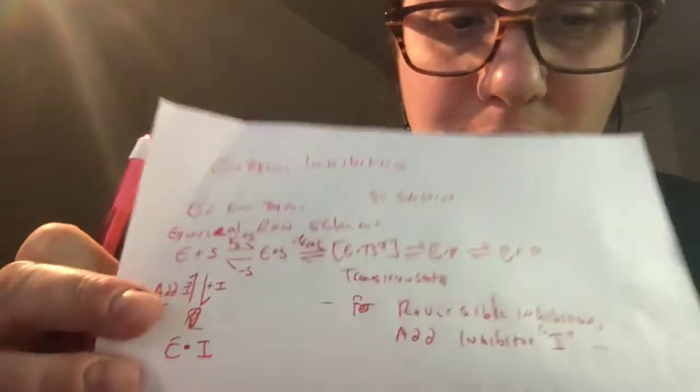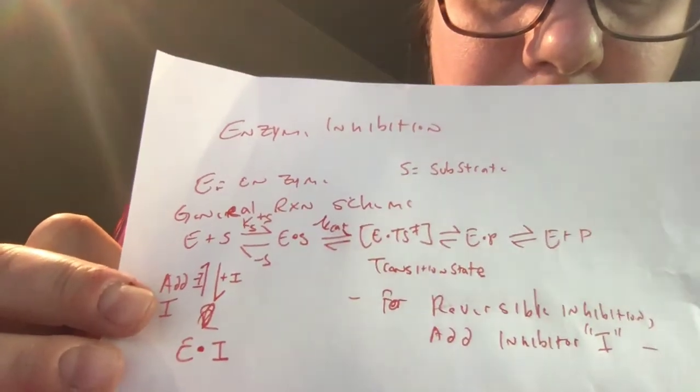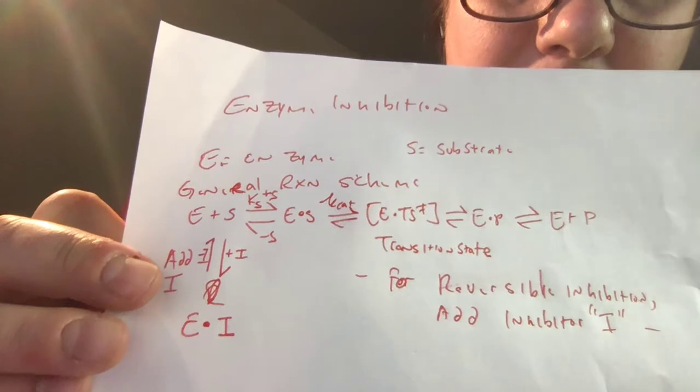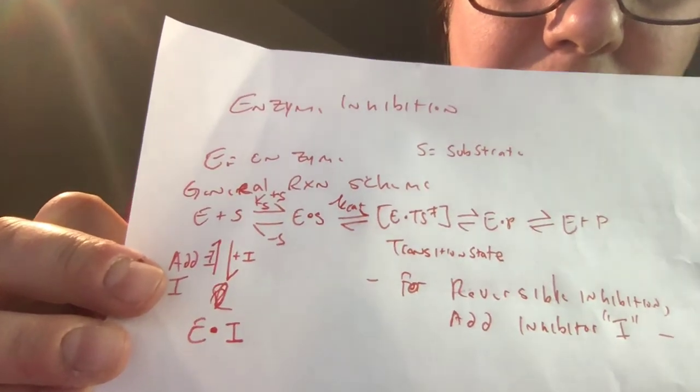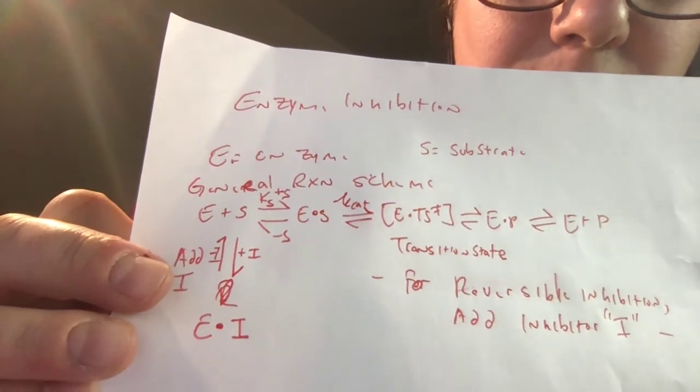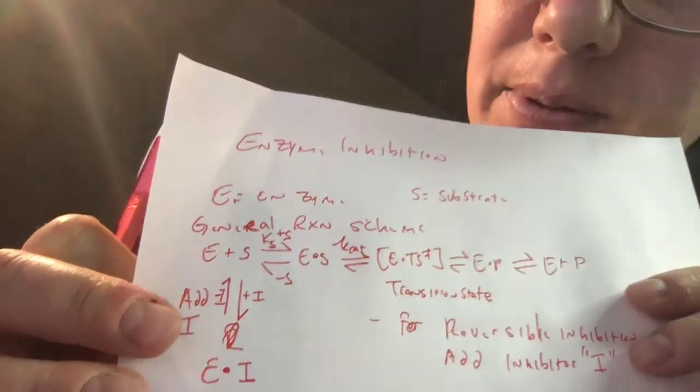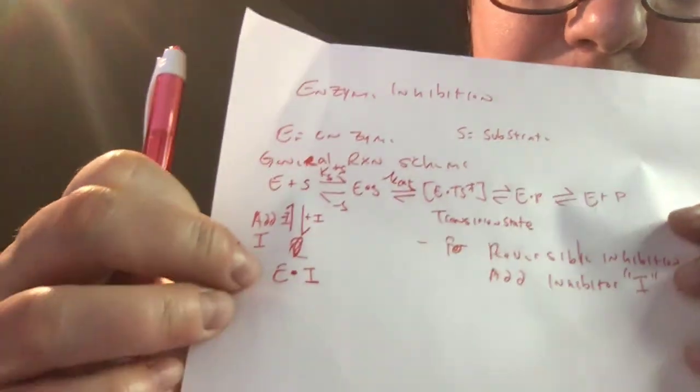So if we add I to that equilibrium above, then every time that enzyme binds the inhibitor, we're going to go to an enzyme inhibitor complex, so the EI complex here.